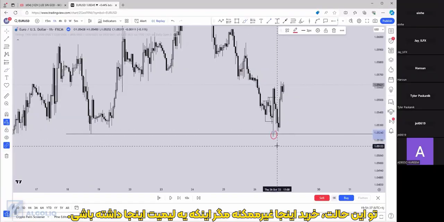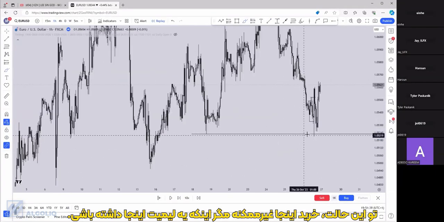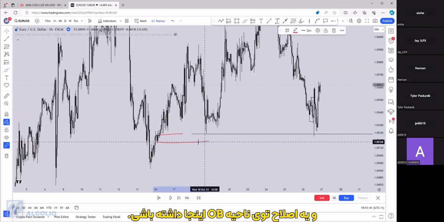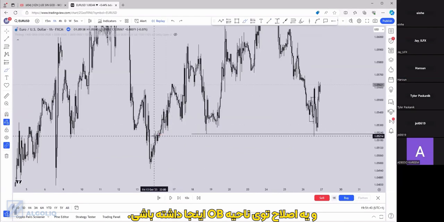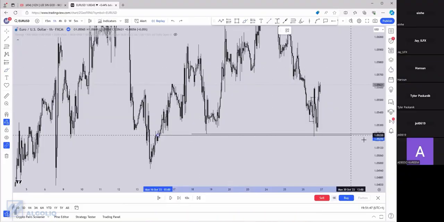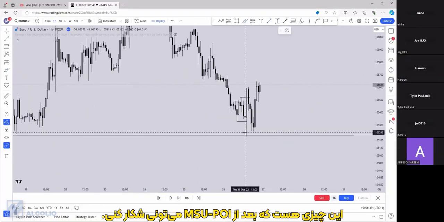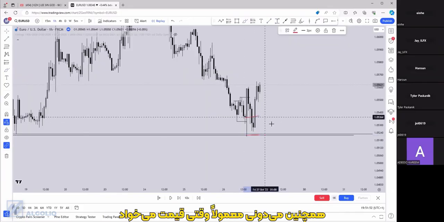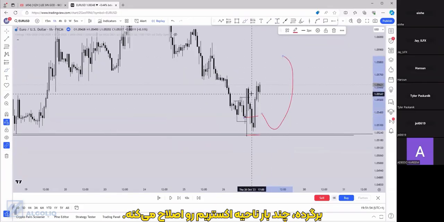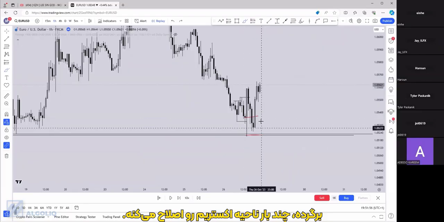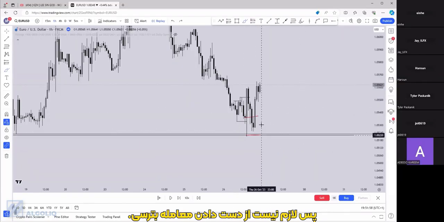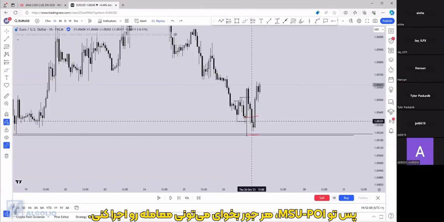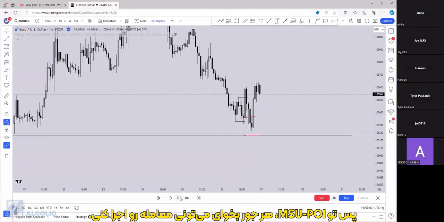In this case, this SPY is impossible to take unless you have some limit here and some OB refinement here. But what you can catch after MSU POI, you also know that usually when price is about to reverse, it mitigates the extreme many times. So you don't have to be scared of losing the trade. So MSU POI, you can execute the trade however you want.